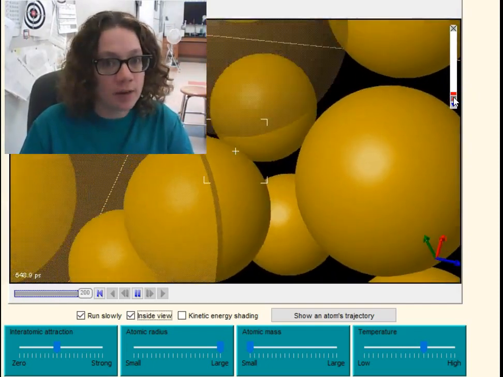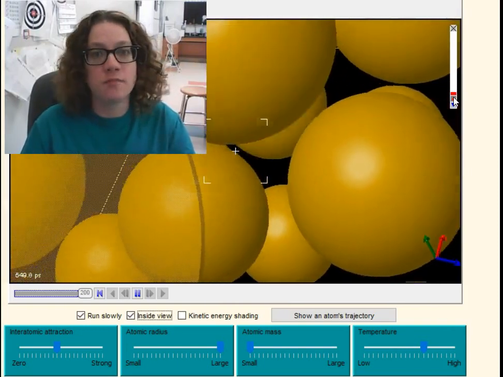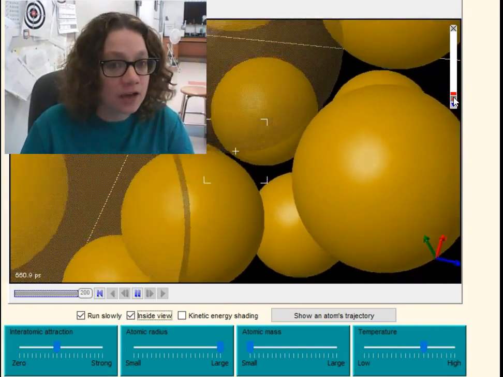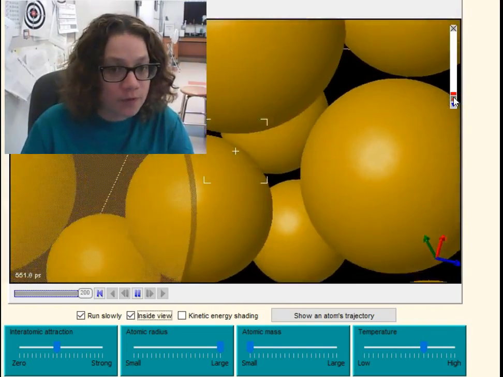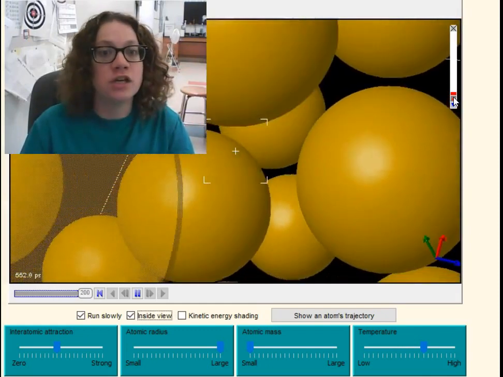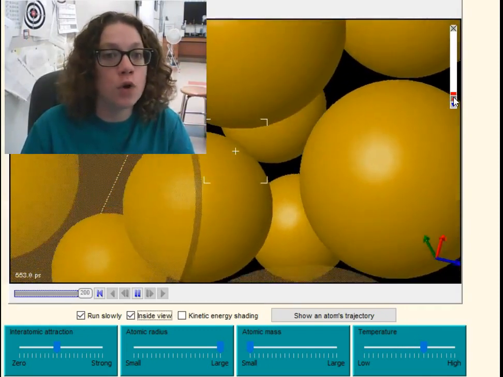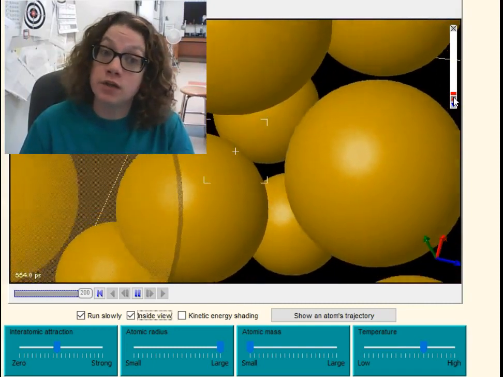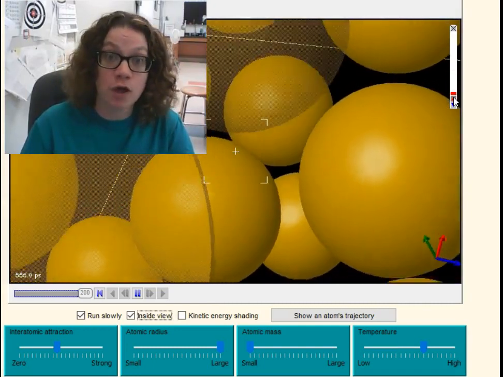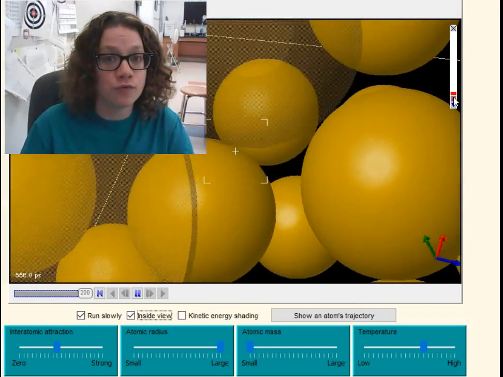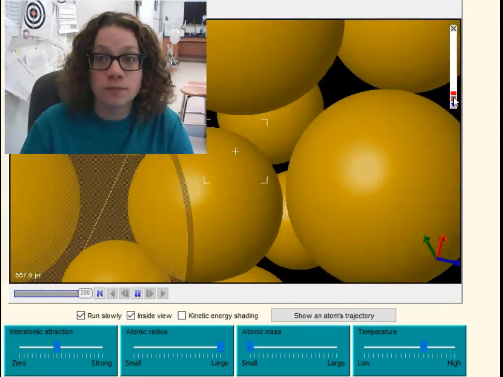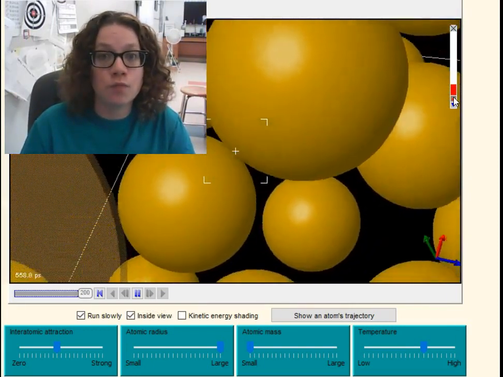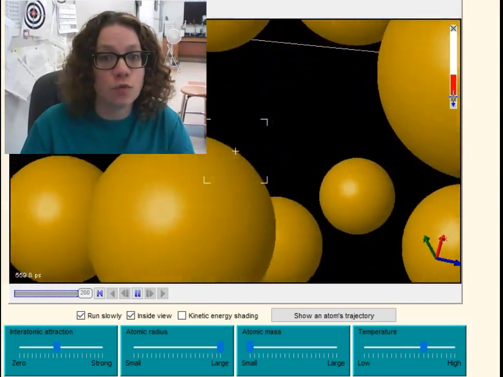Temperature is a measurement of the kinetic energy of a sample. Kinetic energy is the energy of motion. So when I increase the temperature, I'm going to make the particles move faster. Now watch. They're going to move faster and bump into each other more often.